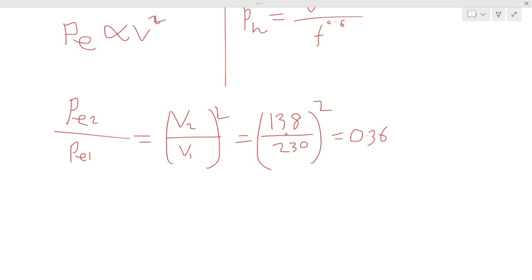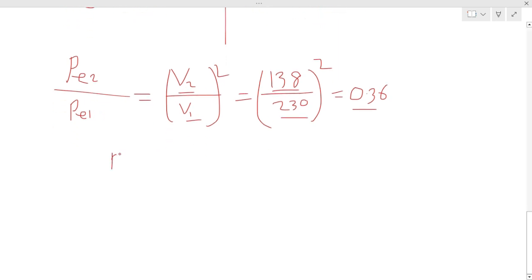We are just putting in the values, and PE2 I can write as 0.36 into PE1. This is my one equation.